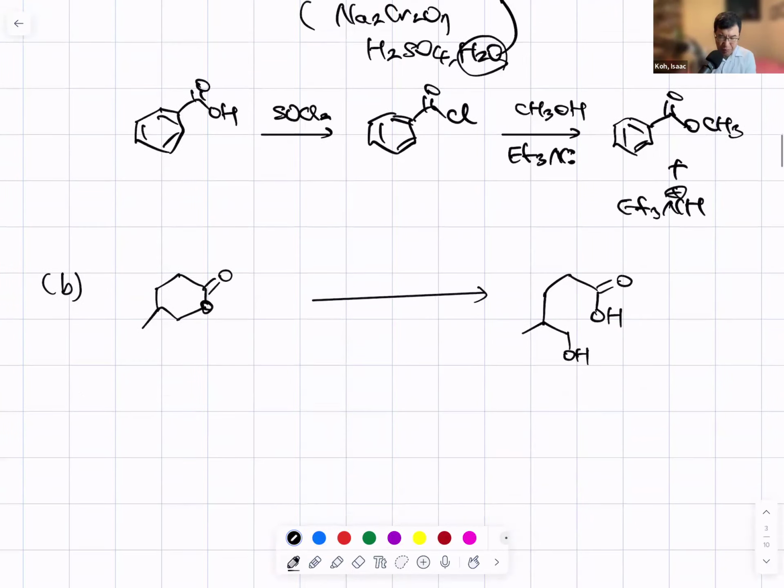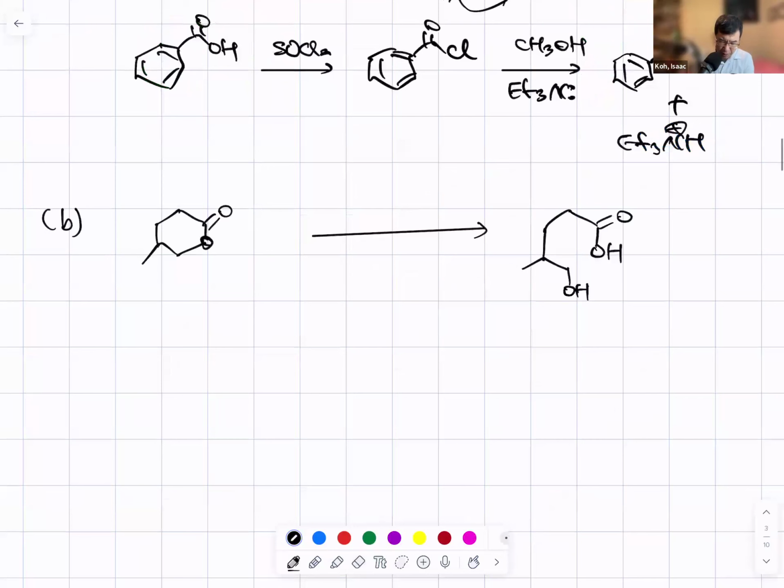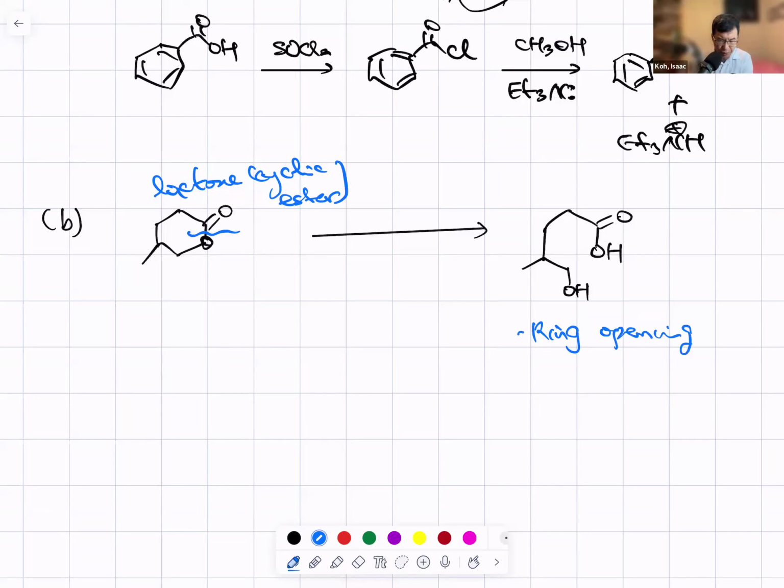Now let's go into B. We have a lactone, 6-member ring structure, a cyclic lactone, cyclic ester, and the ring is now dissociated. So the ring has dissociated here. It's a ring opening process, but the number of carbons doesn't change.